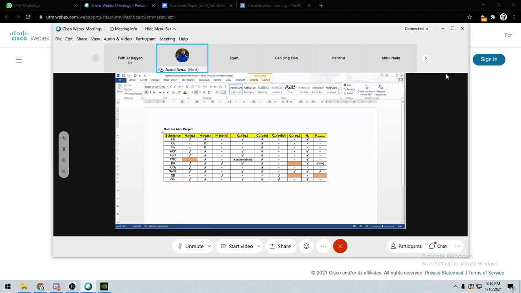I couldn't find the heat of formation of liquid. If, for example, PMC is in liquid phase, you cannot go from elements to PMC liquid through this route, so you find other routes, because you have delta HF gas. You can go from elements to gas and then condense it to liquid. You can do that, right?